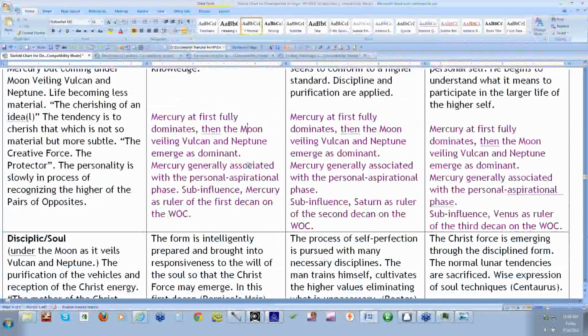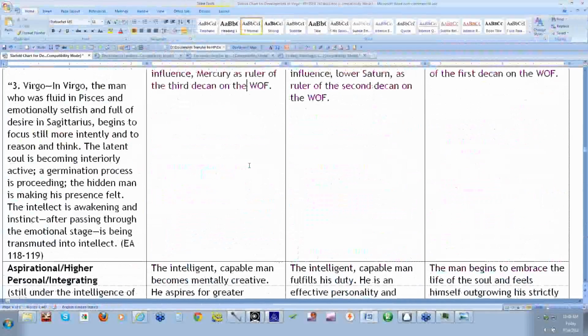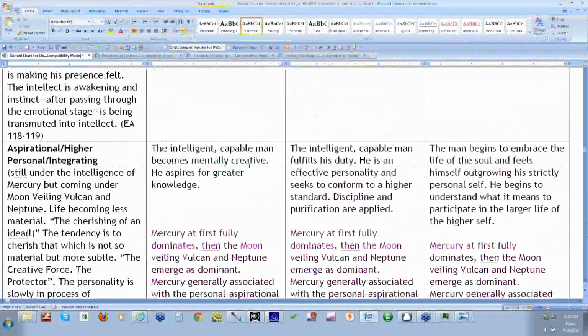So now we will not work from 30 to 20, 20 to 10, 10 to 0. We will work from 0 to 10 first. And the first decanate is ruled by Mercury per se. The intelligent, capable man becomes mentally creative, the creative energy.